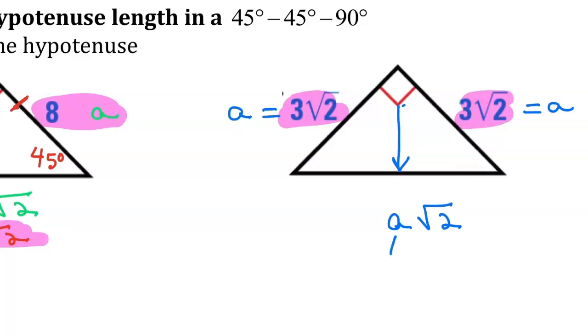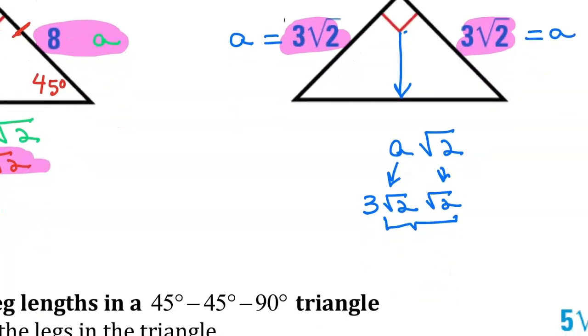I'm just going to plug it in. So where I have an a, I'm going to say 3 root 2, and I'm going to bring this down. Okay, what is root 2 times root 2? Well, that's just plain old 2. So this hypotenuse is 6 in length. So my a root 2 equals 6 in this situation, and now I have my 3 side lengths.